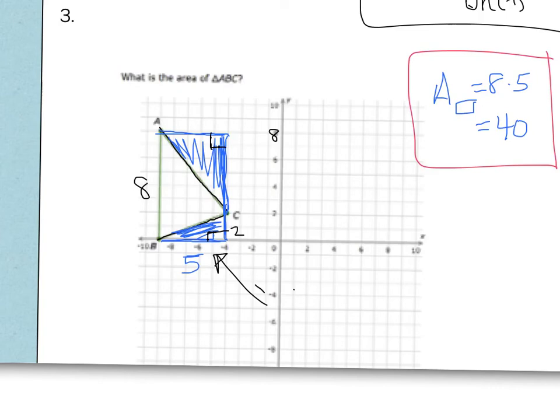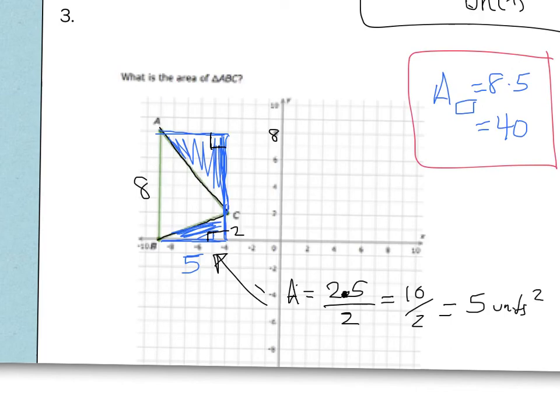So we've got a 2 by 5. So that's going to be area equals 2 times 5 divided by 2, which is 10 divided by 2, which gives us 5. So that one is going to be 5 units squared.